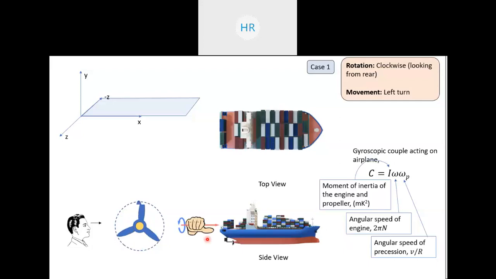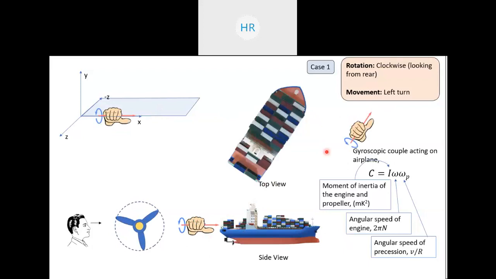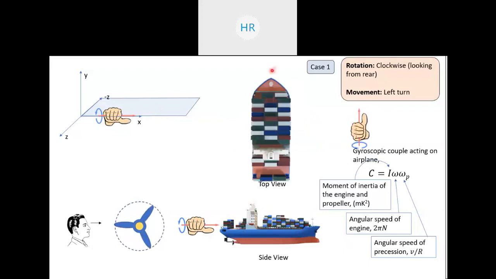Then our next step was to locate this right hand in reference frame and in this top view. Now next step, our ship is taking left turn. So this front part will go up and this rear part will go down. Okay. So accordingly, this right hand will change its orientation.